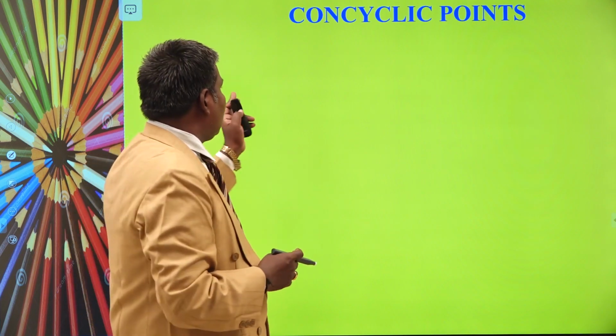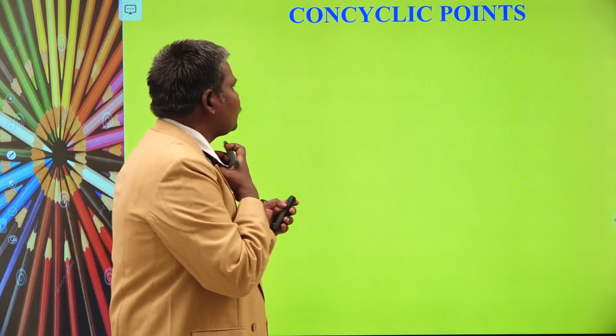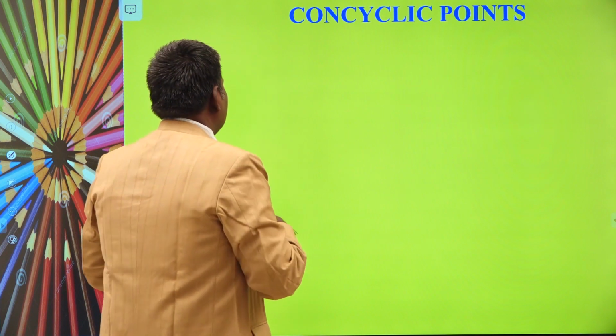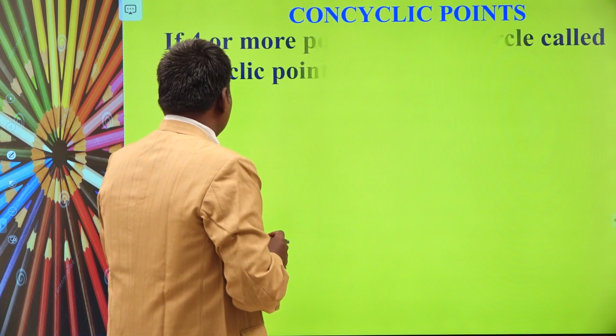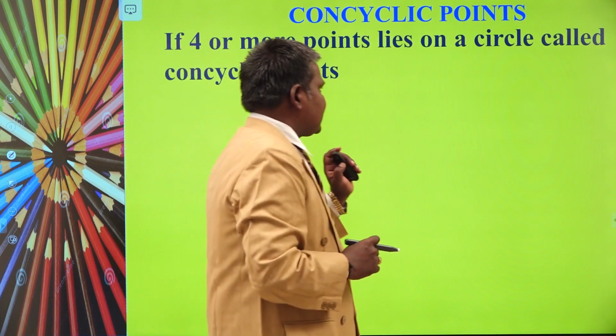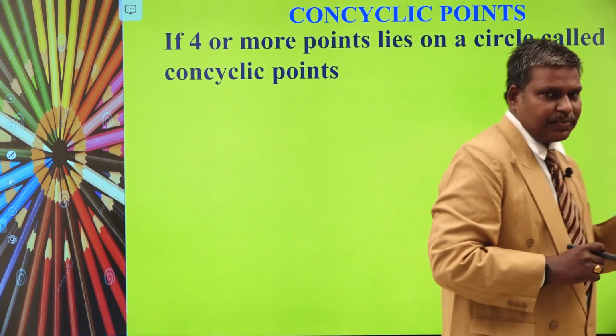Not concentric circles, concyclic. Already you know the word concyclic, like cyclic quadrilateral. Suppose 4 or more points lie on a circle, we say that they are concyclic. Am I correct or not?